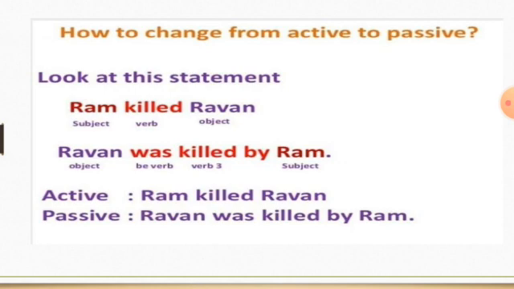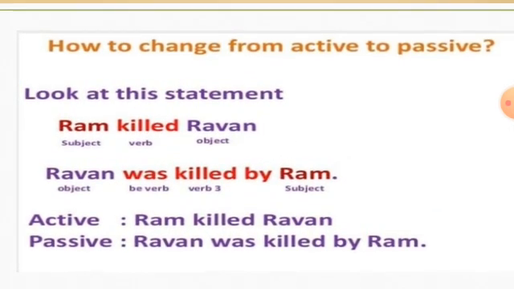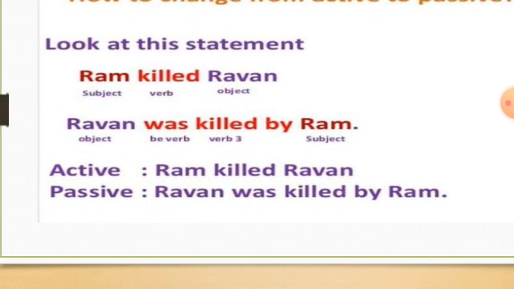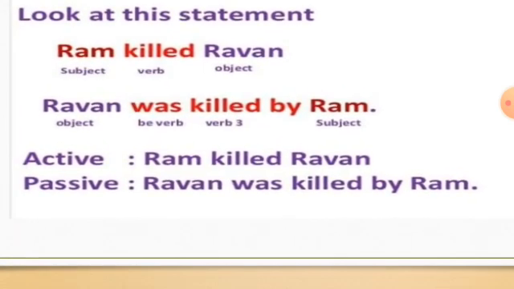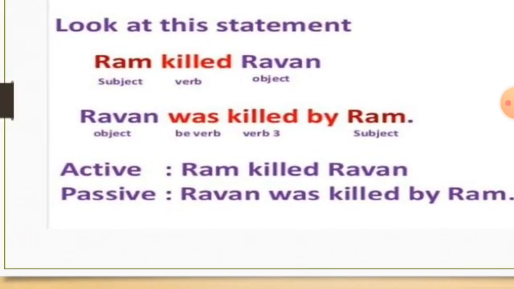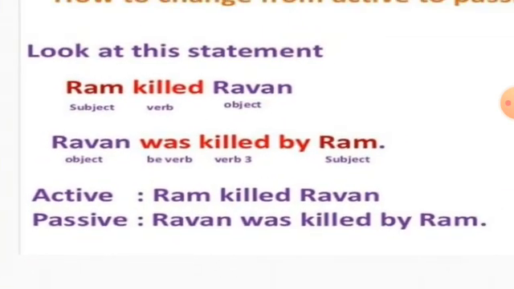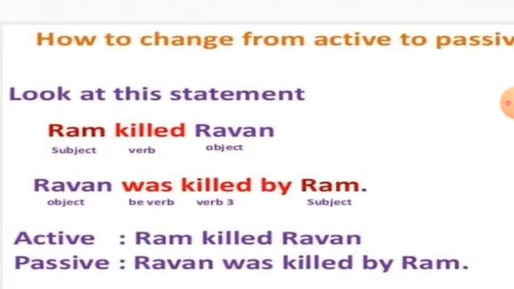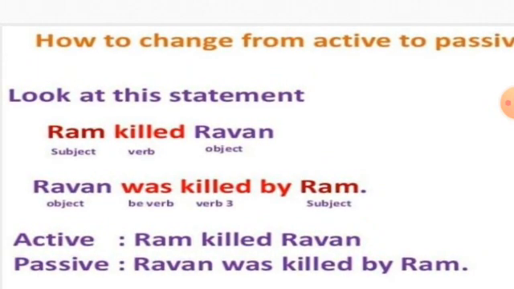So here also you see Ram is the subject, Ravan is the object in active voice, isn't it? But while changing, how you will change? Ram will be the object, and Ravan, which is the object in active voice, will become subject in passive voice.